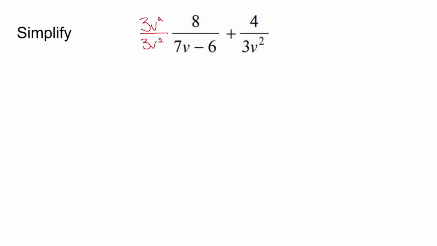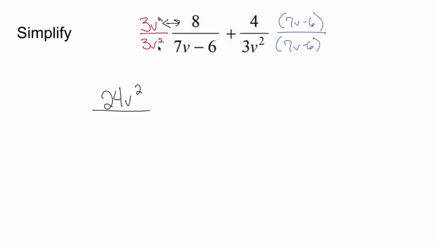And I'm going to have to multiply the other fraction by 7v minus 6 over 7v minus 6. So you multiply these two together: 3 times 8 is 24v squared.